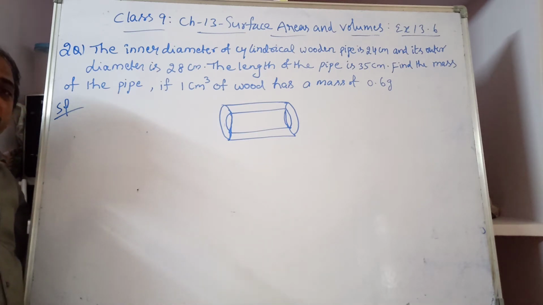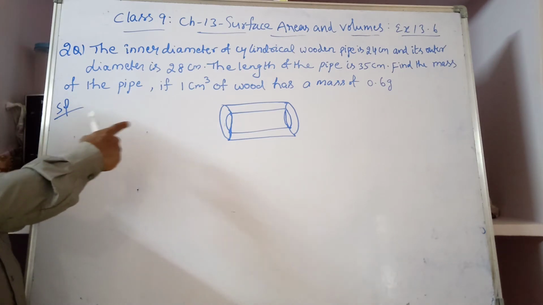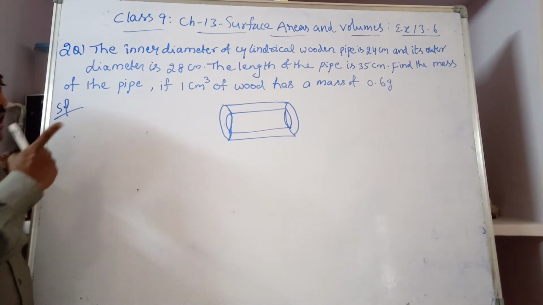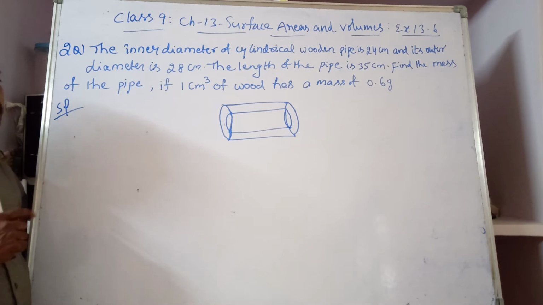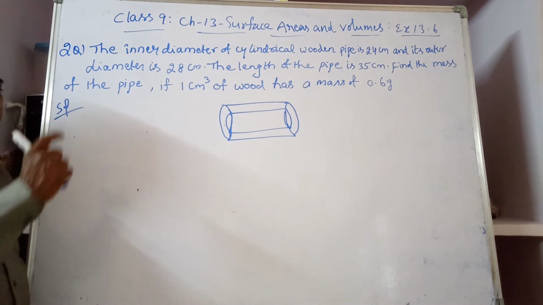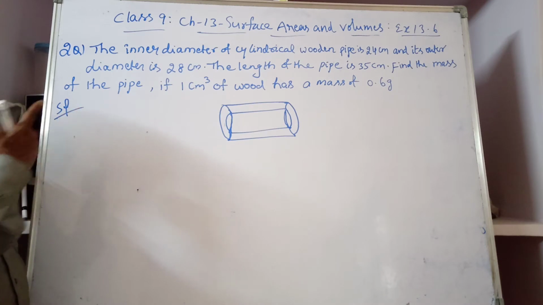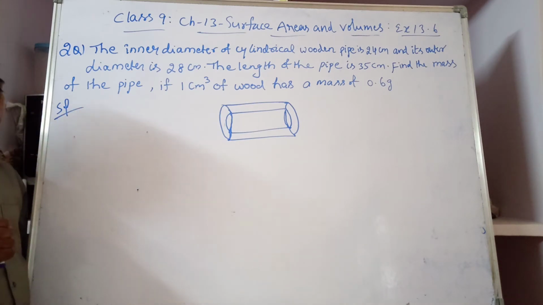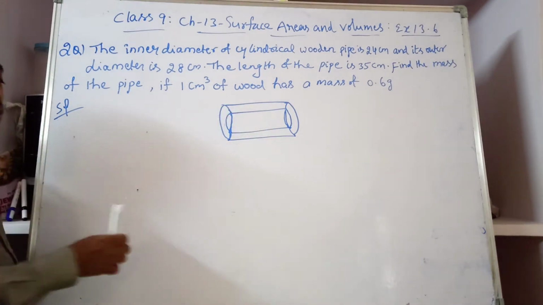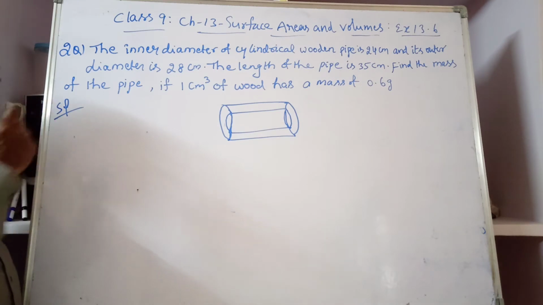The length, that is the height, is the same for both, because it is the same pipe and only the diameters, inner and outer, are different. Volume of outer minus volume of inner will give you the volume of the wood.